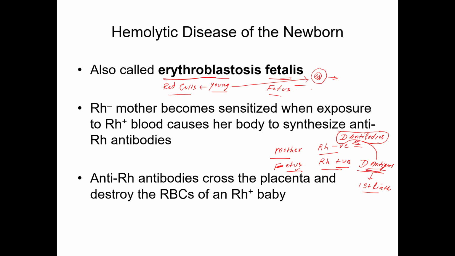Again, D antigens will enter into the mother's body, and this time the mother's body or blood will produce plenty of antibodies very quickly, very fast, because it is already sensitized, it knows.